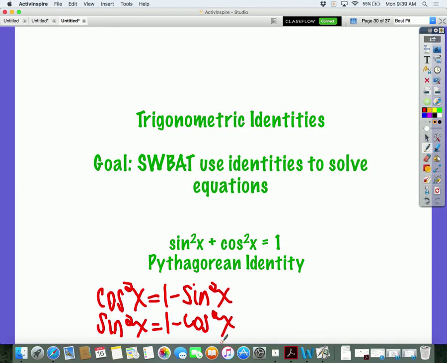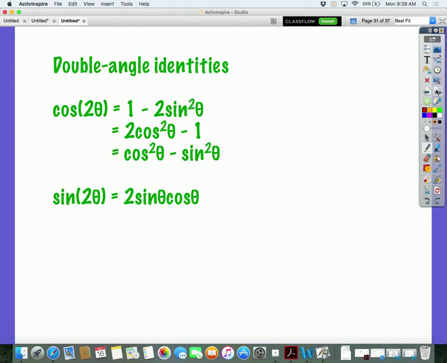Some other identities are your double angle identities. These are when you have a 2 attached to your variable. Instead of just cosine x or cosine theta, it's cosine 2 theta, not squared. It's a big difference. There are 3 different identities for cosine.